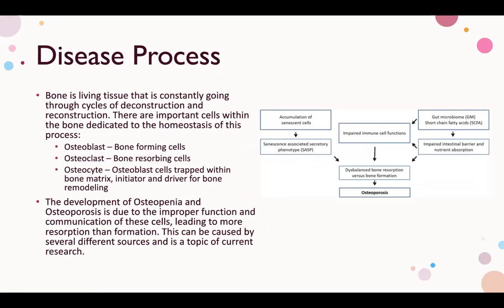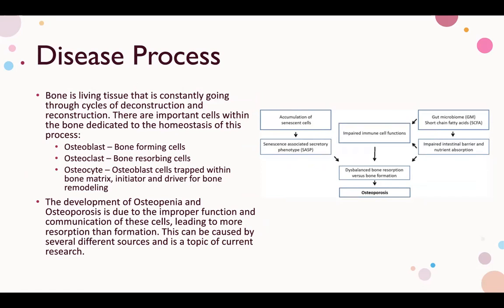The disease process. Bone is a living tissue that constantly goes through modeling, remodeling, deconstruction, and reconstruction. When you damage your bones, then it needs to go through a process of remodeling where it's taking away the damaged bone and repairing with new.